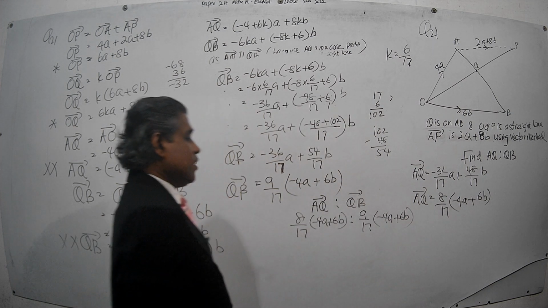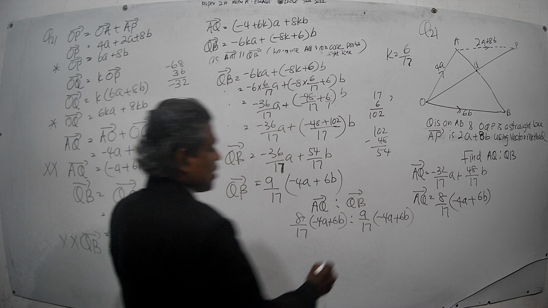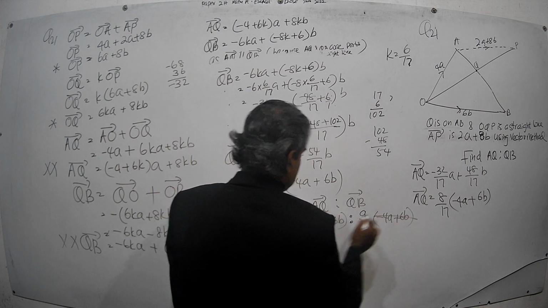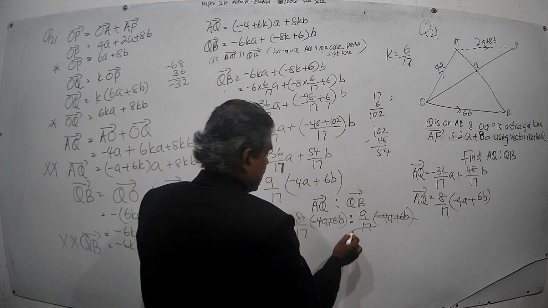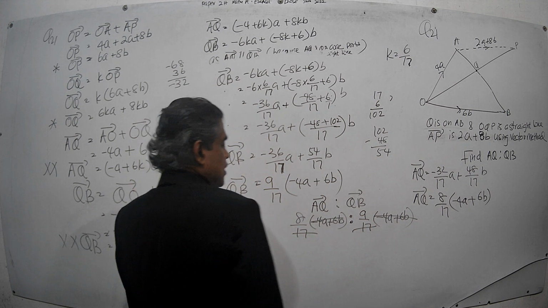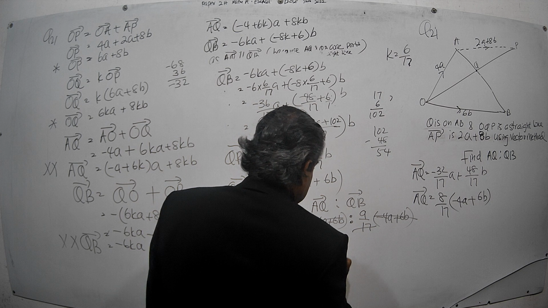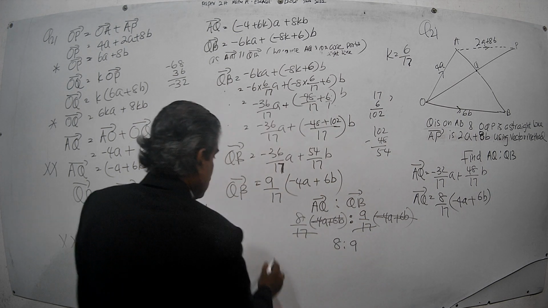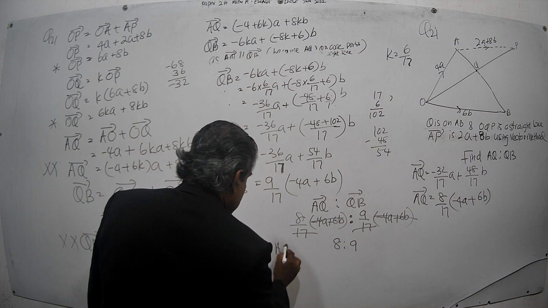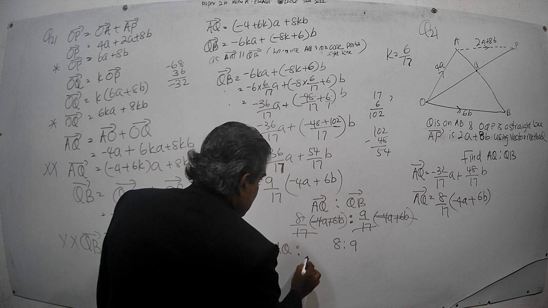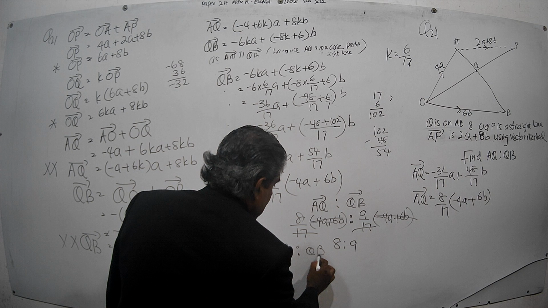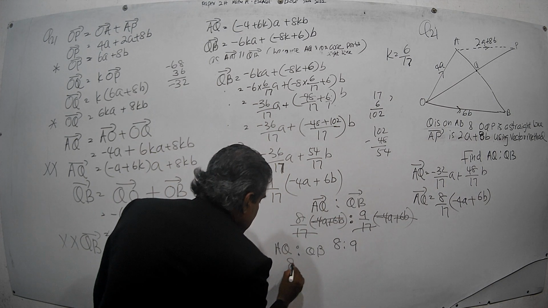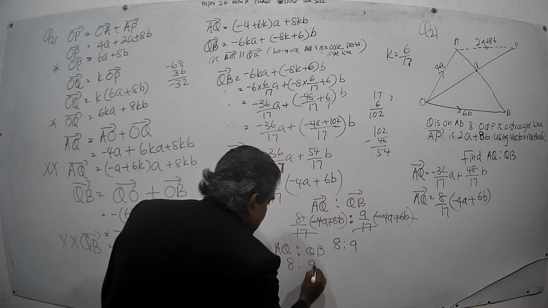Then we are going to calculate this ratio. Then this and this can be cancelled. This 17 and 17 also cancelled. Then what is left here? 8 is to 9. So therefore, the ratio between the vectors AQ and QB is 8 is to 9.